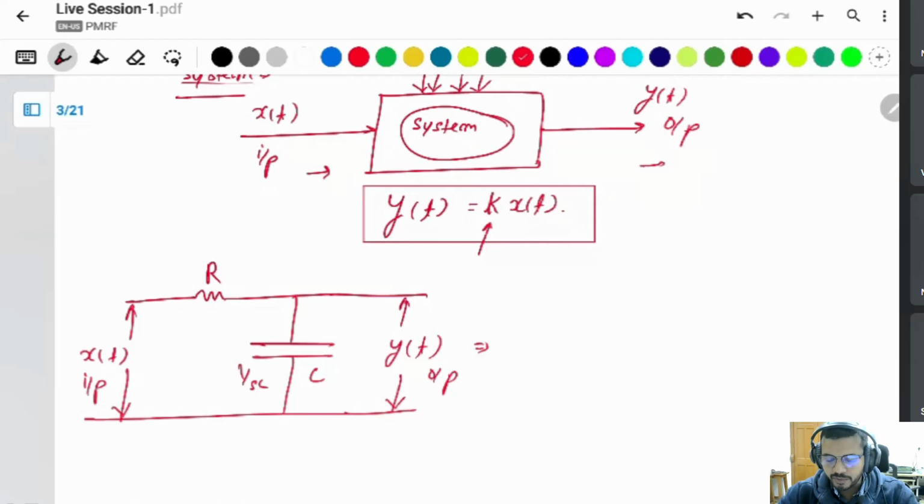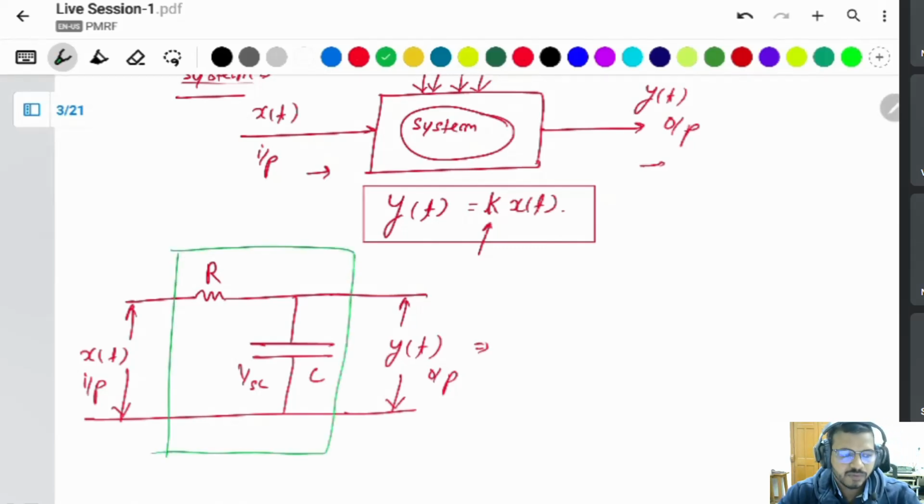In terms of the voltage, you can find the system transfer function. Then this whole thing is known as the system. It's known as the low pass filter. Same thing for the high pass filter. This is another system. Okay, you can give input and you get the output. Simple things, system.